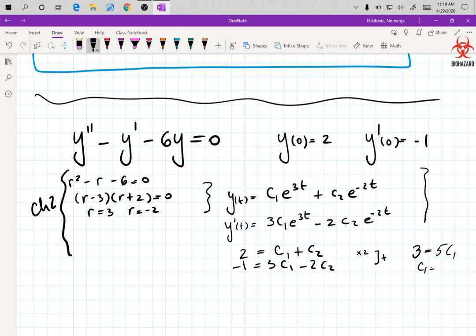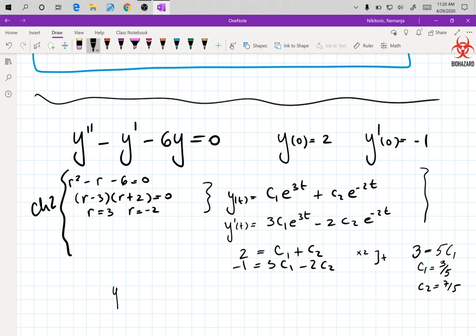So I get that c1 is equal to 3/5. And if that's equal to 3/5, then the other one, c2, is 7/5, right? Because they need to add to 2. 7 plus 3 is 10, divided by 5 is 2. C1, that's a 9. Minus 14 is negative 5, divided by 5, good.